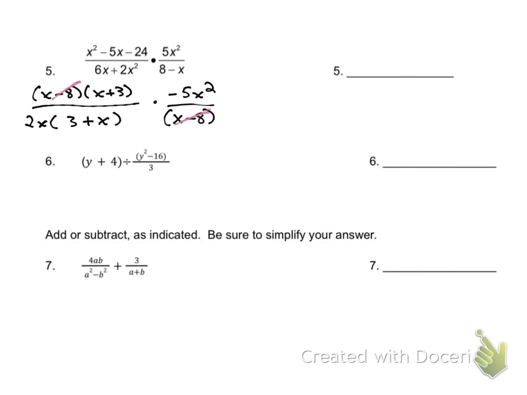The x plus 3, 3 plus x, you can just rearrange that. That's the same thing. That cancels. So I multiply across, that'll give me negative 5x squared over 2x, which then will give me x. So I'll have negative 5x over 2.